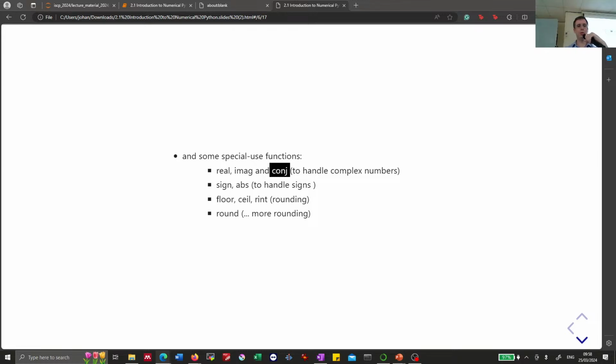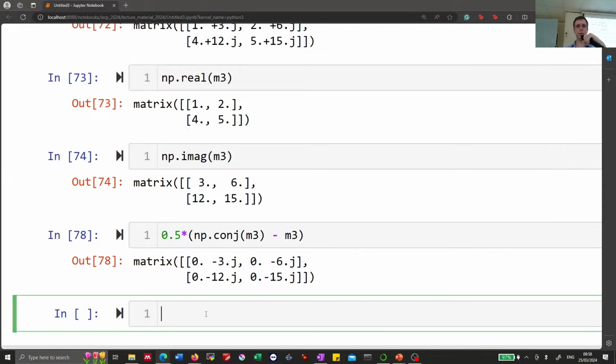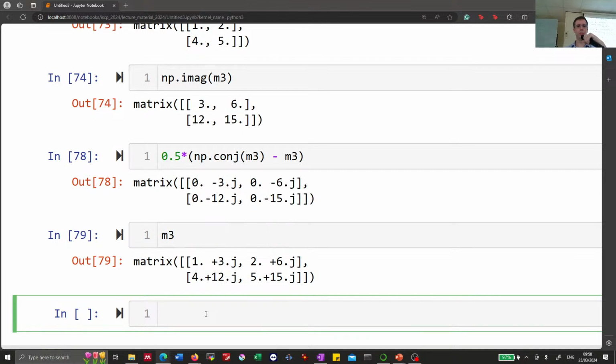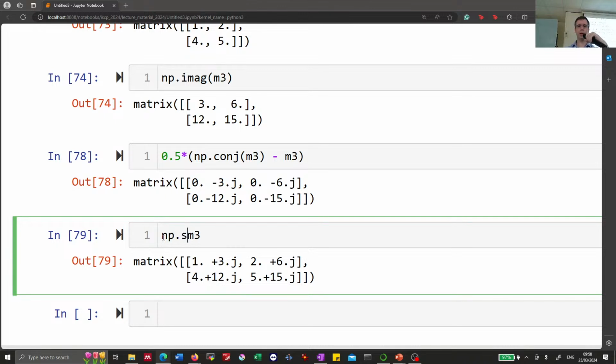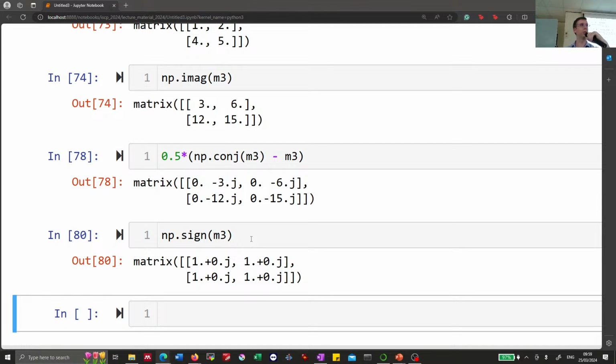Sine and absolute, that is fun. So M3 is what? So we see here they are all positive values, right? So numpy.sine, not saying sine, tells you, hey, is your value real? Plus or minus? And it tells you, yes, it's plus, positive.